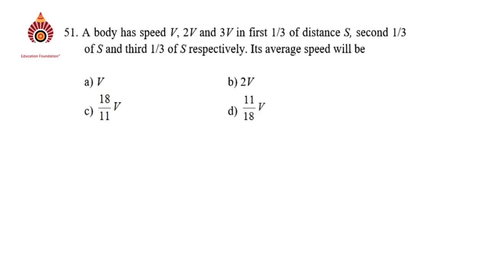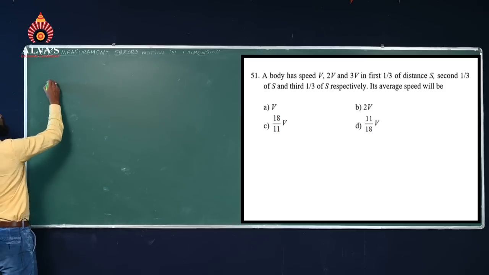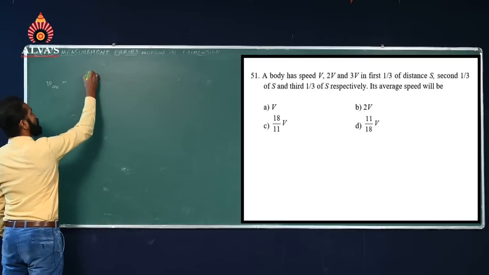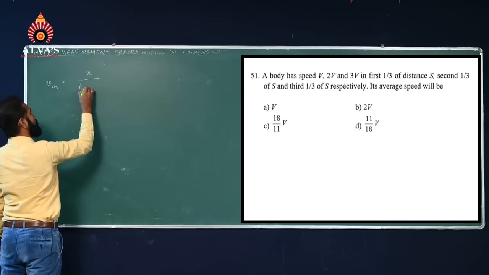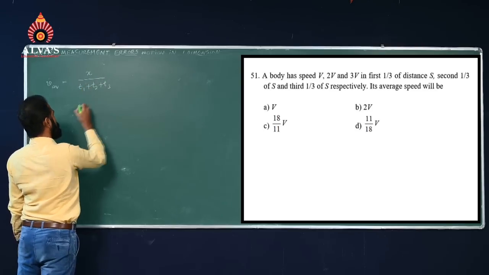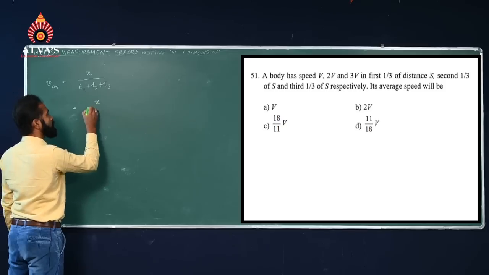A body has the speeds v, 2v and 3v in the first 1/3 of distance s, second 1/3 of distance s and third 1/3 of distance s respectively. Its average speed will be. So we have the formula directly. Let's use the shortcut formula. V average is total distance divided by total time, t1 plus t2 plus t3. So the total distance is nothing but x.